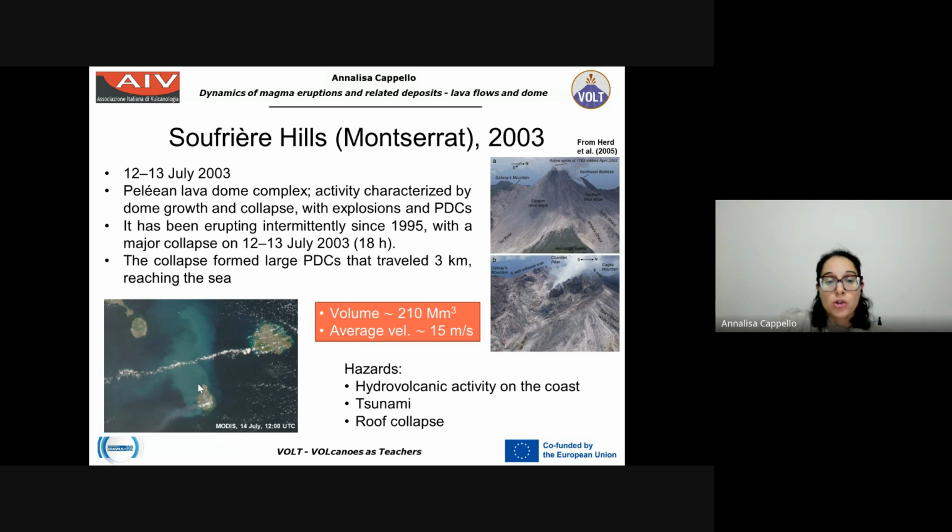Then there was also a tsunami due to the fall of the material into the sea, and the dome collapse also caused roofs to collapse due to the weight of the material that accumulated on the building roofs.